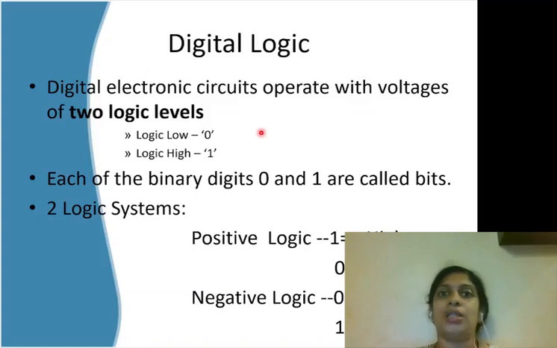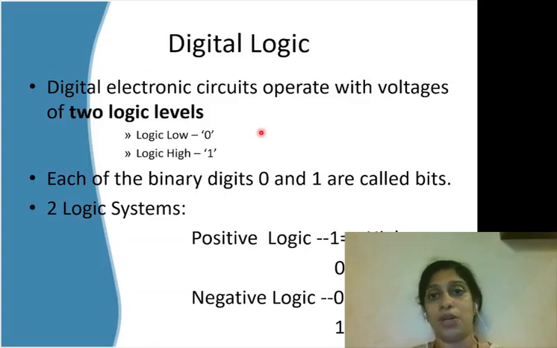Okay, so basically this computer works while we are passing some electricity to it. So while thinking of this electricity or the current, we have only two possibilities.